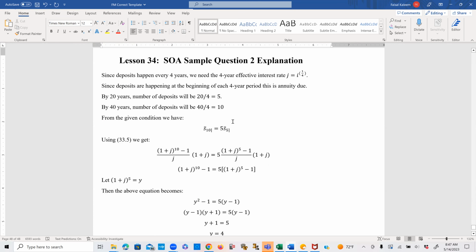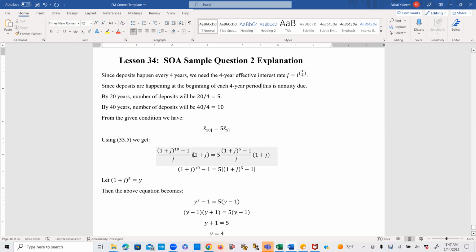Now, strictly speaking, remember the S_n symbol is used only if each deposit is 1. In this case, since the deposits are all 100, it should be 100 times S10 equals 5 times 100 times S5. But the hundreds will cancel out, and therefore I've just written S10 is equal to 5 S5.